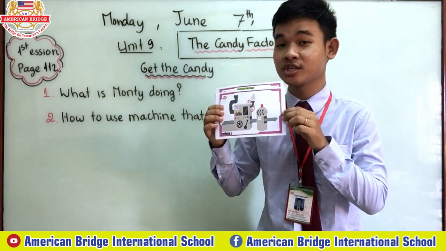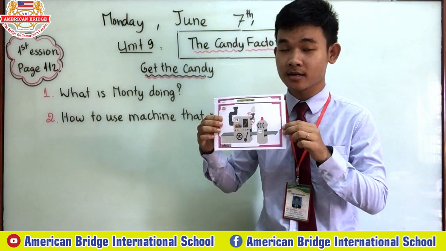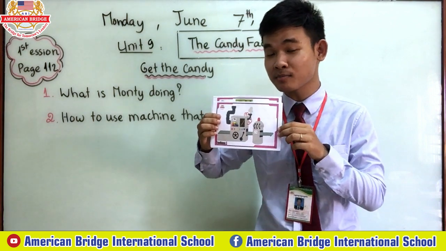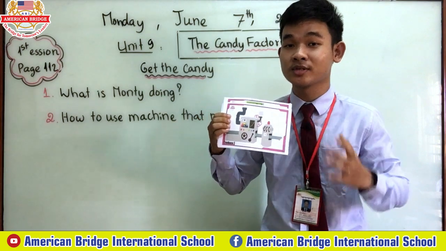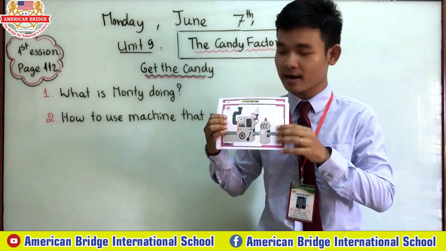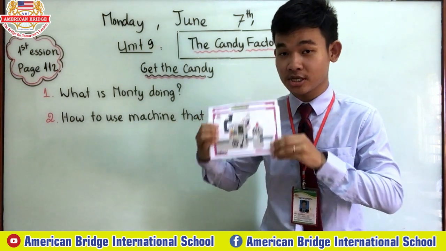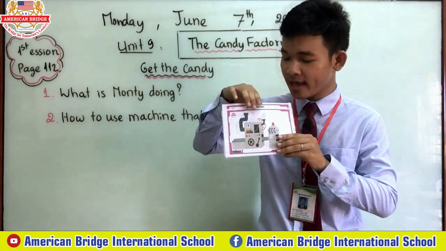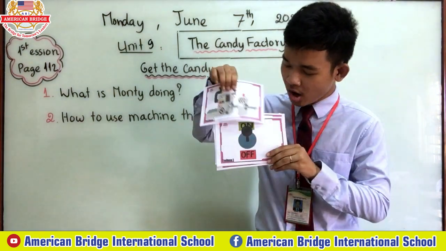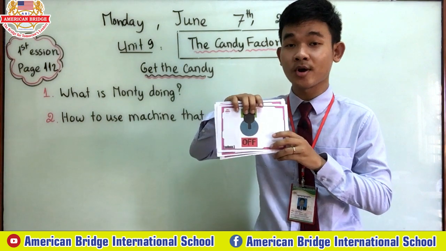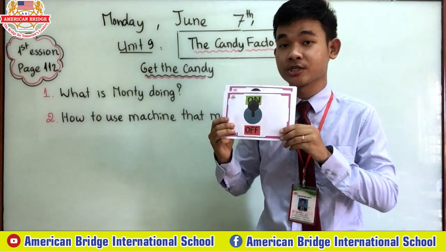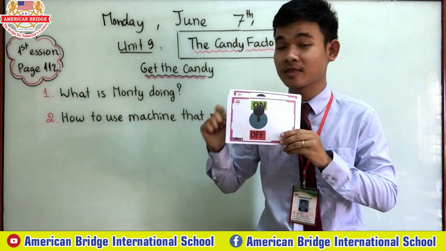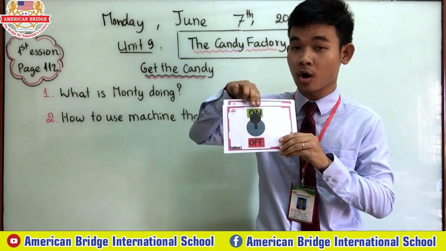Here we go, everyone. This is our special machine. This machine is really special because it can make candy by putting clothes into the machine, and then it produces the candy. So how to use this machine? First, we have to turn on the machine.